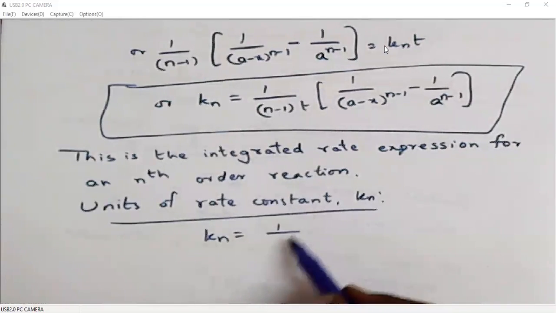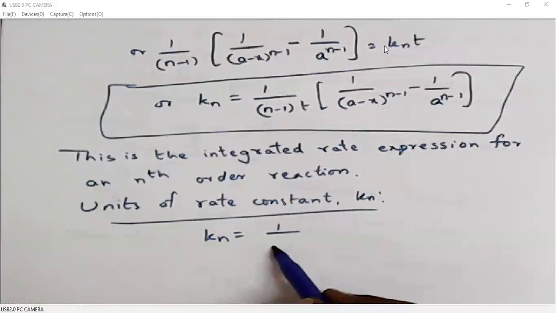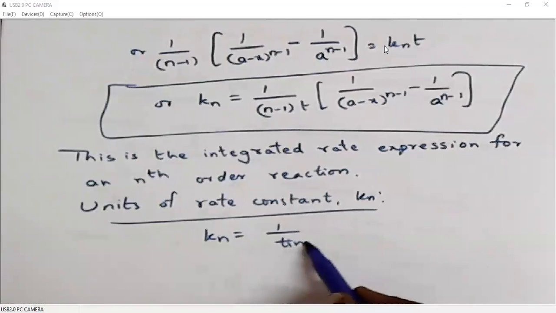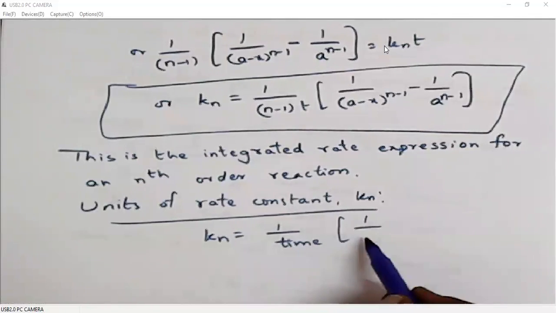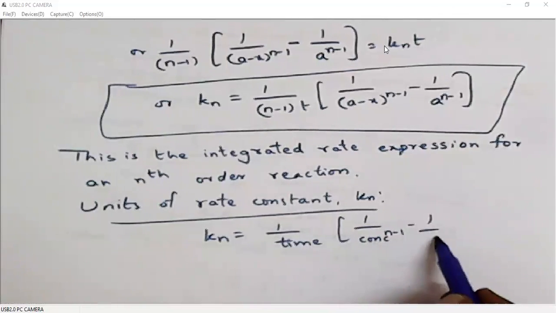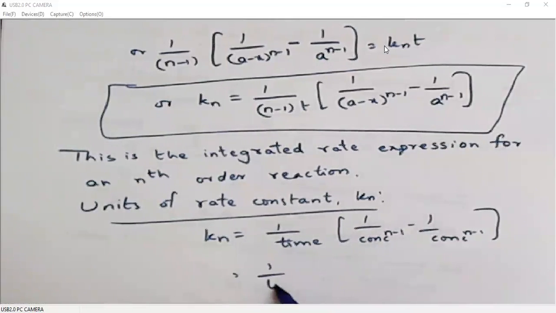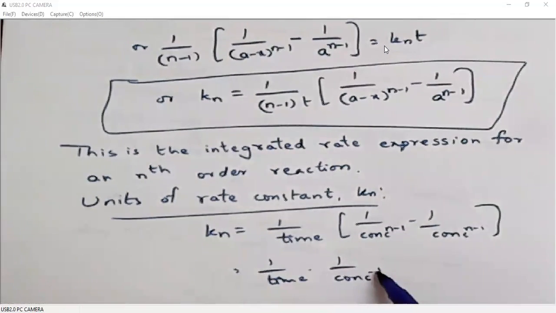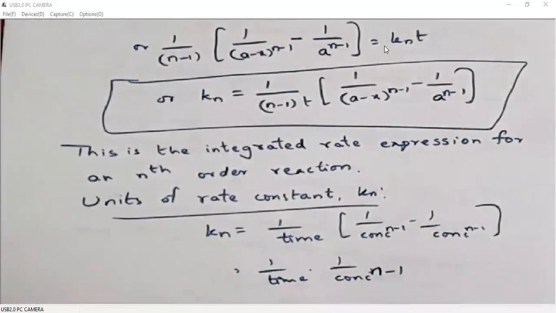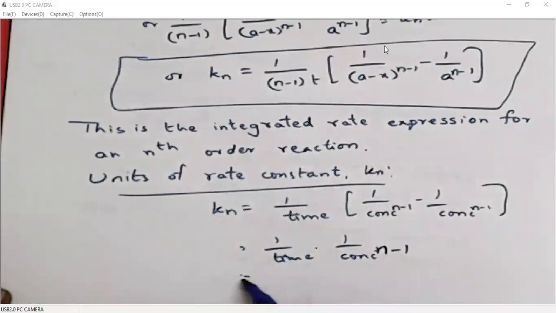Then we can easily get n minus 1 is a constant, so we don't have any units. t is time, 1 by A minus x is a concentration whole power n minus 1 minus 1 by concentration whole power n minus 1. So that means 1 by time into 1 by concentration power n minus 1. Now we can make it numerator, concentration power 1 minus n.